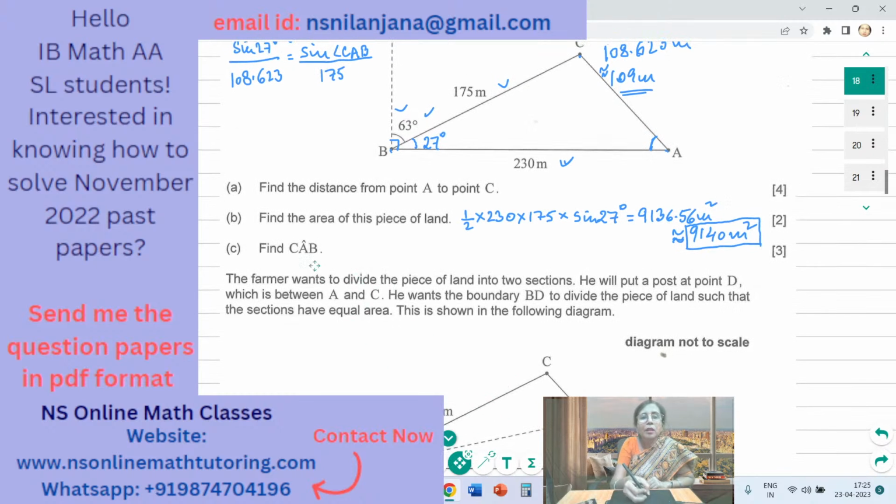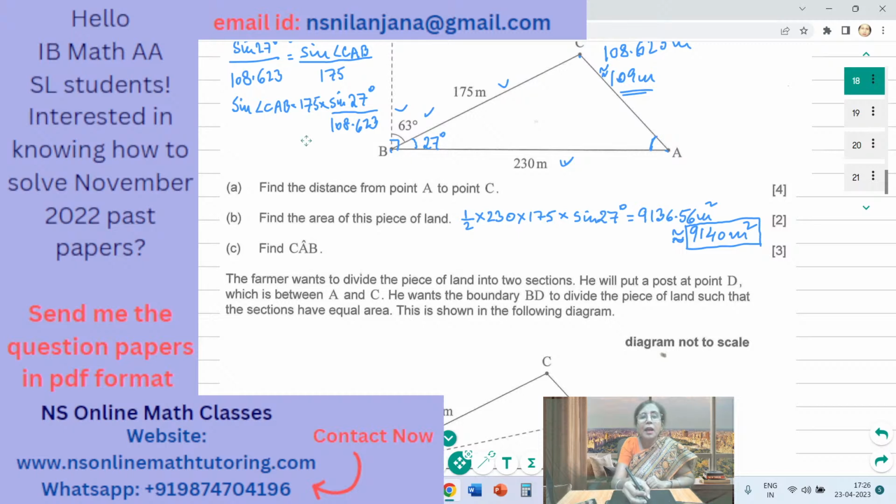Now let me rearrange it. Sine angle CAB is equal to 175 times sine of 27 degrees over 108.623.